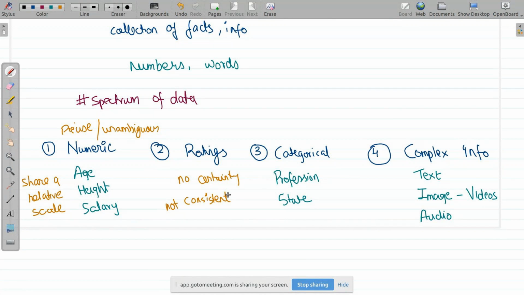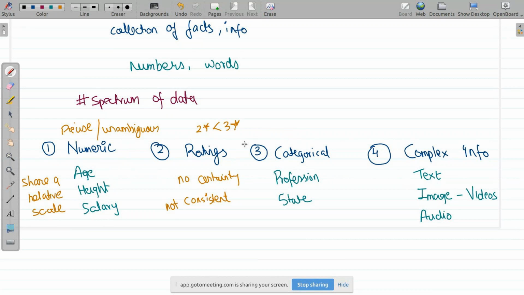And as we go towards the right side, basically categorical data and complex ways of representing information, things start getting more and more challenging for us. Now, there was still some kind of relative comparison you could make, for example, 2 stars is less than 3 stars. So there is some kind of order which helps you rank things, but not in a precise way. But the moment you shift to categorical and complex information, you can't even have that.